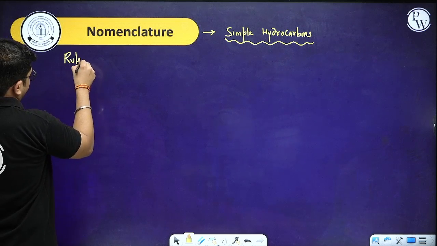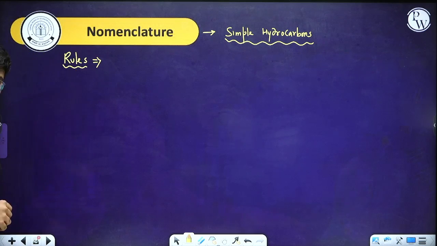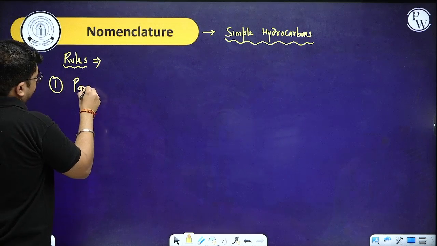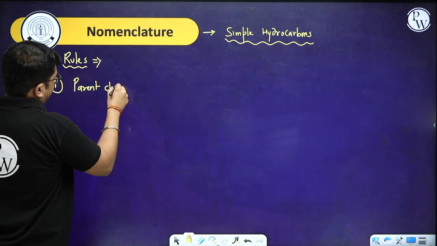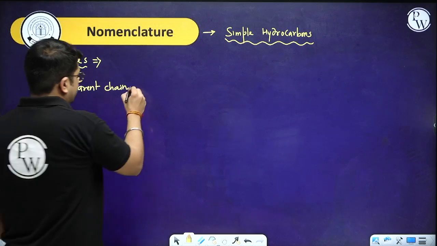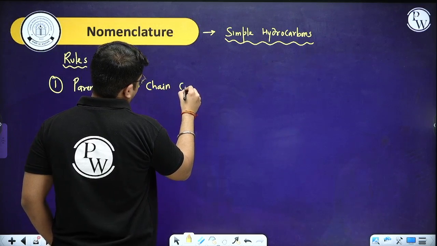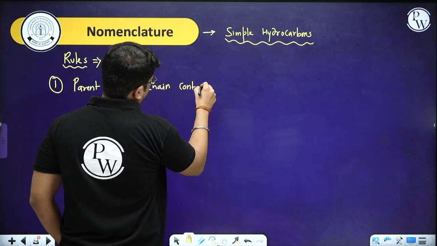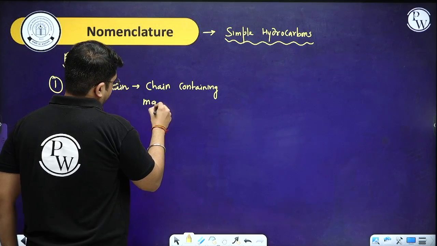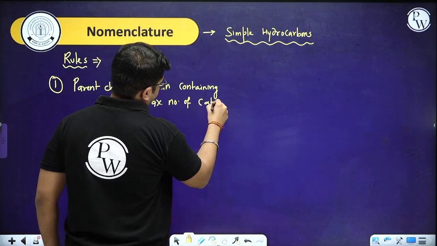There are certain set of rules which you have to understand. First one is your parent chain. You have to decide what is going to be the parent chain. Parent chain means the chain containing maximum number of carbon atoms.